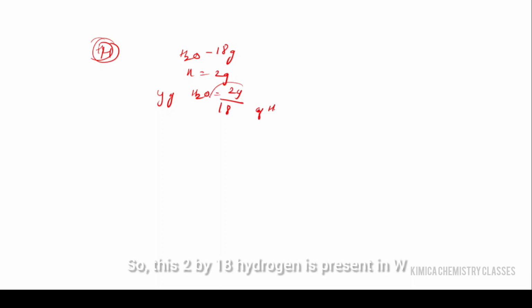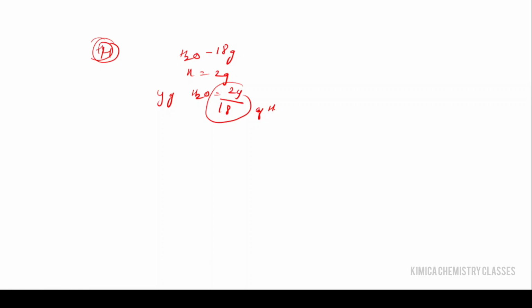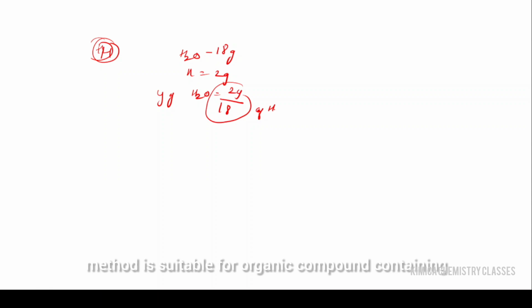So this 2y/18 of hydrogen is present in W grams of organic compound. So the percentage of hydrogen in the compound is 2y/18 × 100/W. The estimation of carbon and hydrogen by Liebig's method is suitable for organic compounds containing carbon, hydrogen and oxygen only, but it requires some modification for compounds containing nitrogen, halogen and sulfur, right?